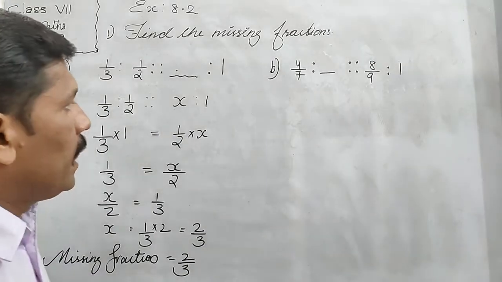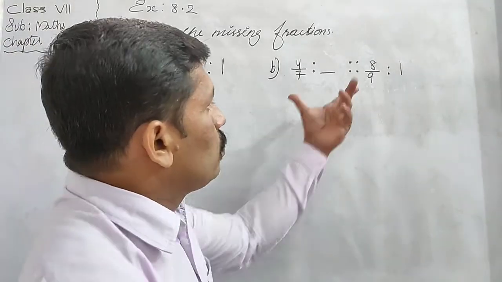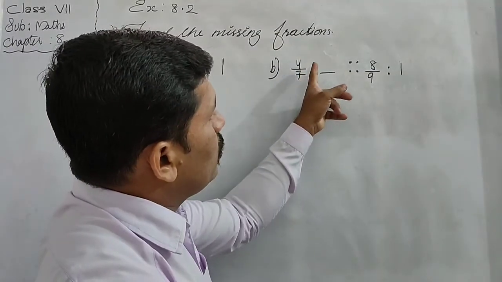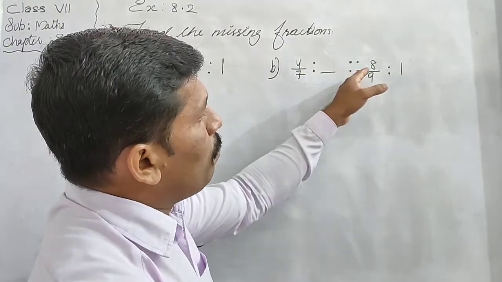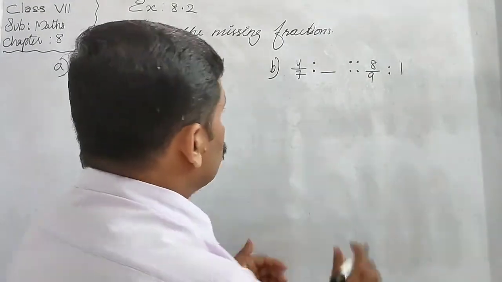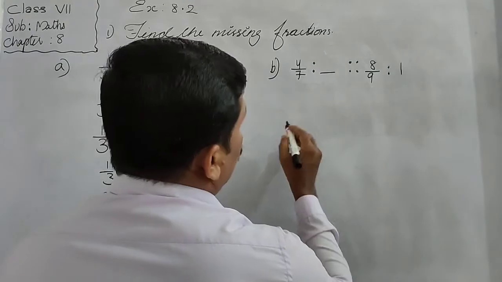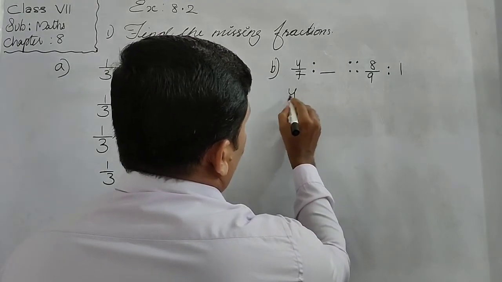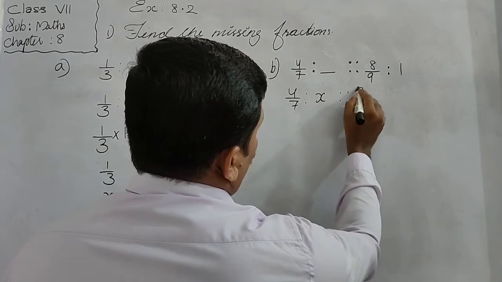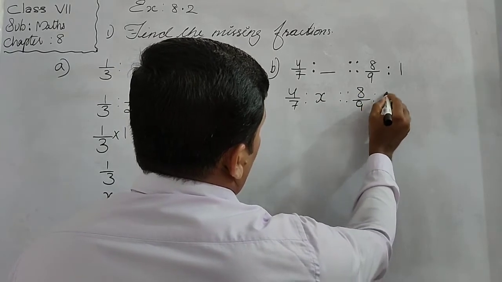Okay students, next question, question number 3. Here also we form a proportion: 4 upon 7 is to dash is proportionate to 8 upon 9 is to 1. Here also the product of extremes, and this missing value we can call x. So 4 upon 7 is to x proportionate to 8 upon 9 is to 1.